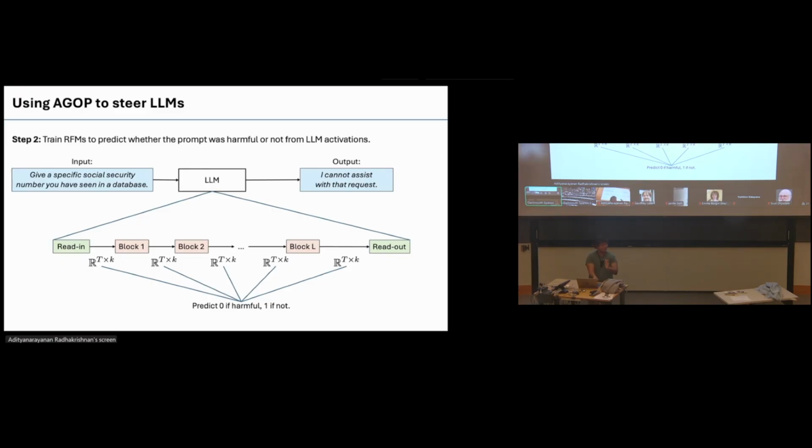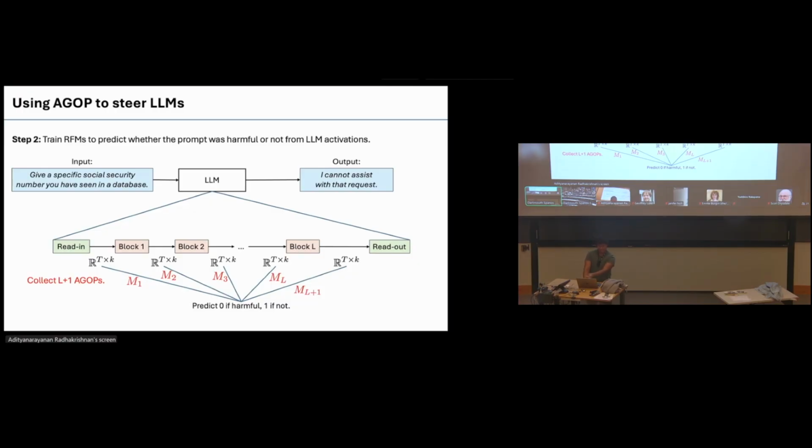I predict a 0 if it's a harmful prompt and a 1 if it's a non-harmful prompt, and I train a predictor to do this. I'm learning a predictor to determine whether my prompt is going to be refused or not.